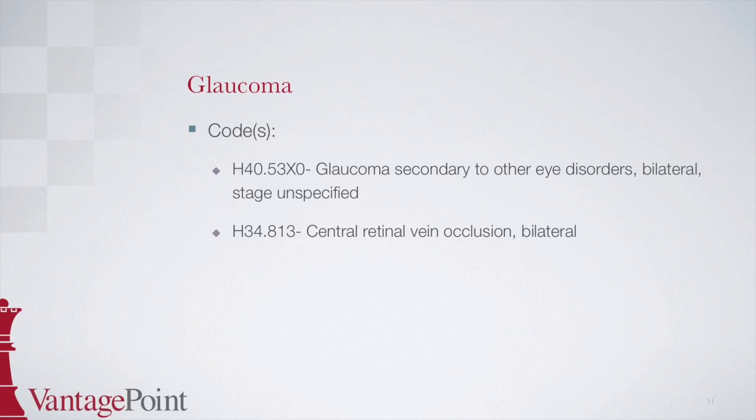Start by looking up glaucoma in the alphabetic index and then locate the word in indented below. Indented under this is retinal vein occlusion, followed by a note which states see glaucoma secondary.